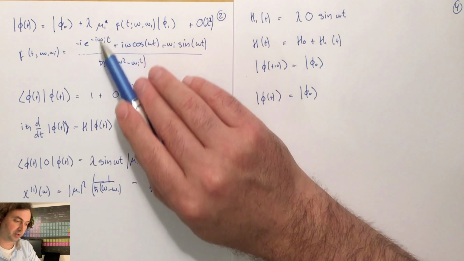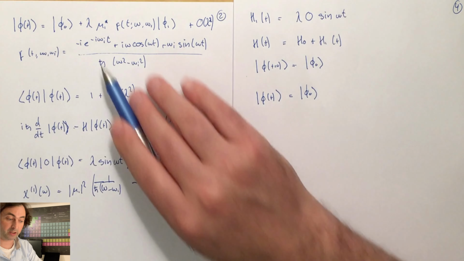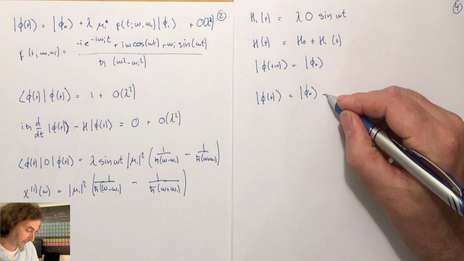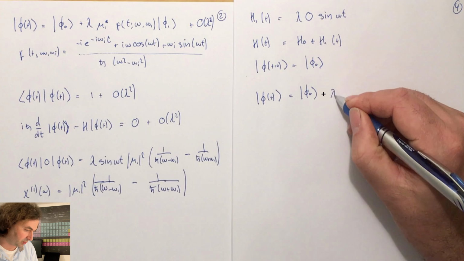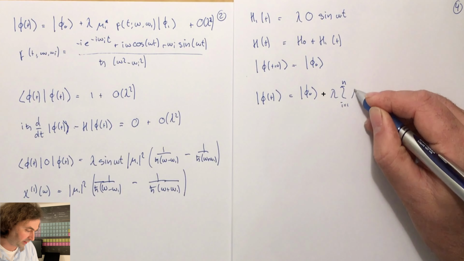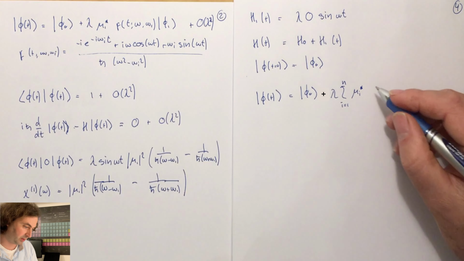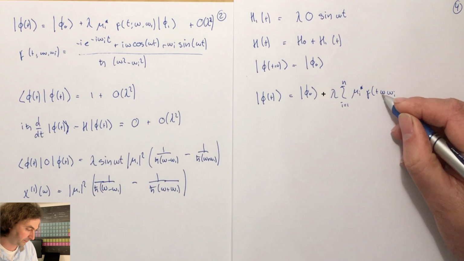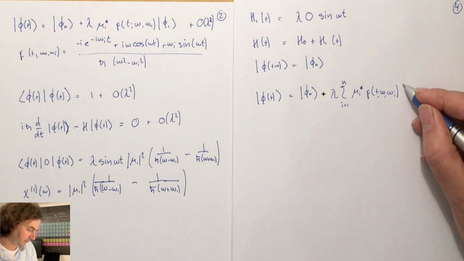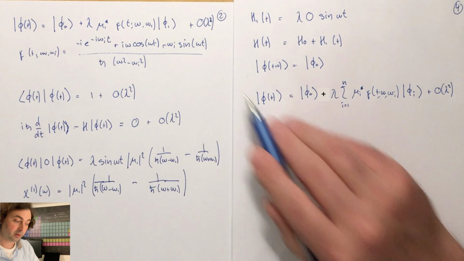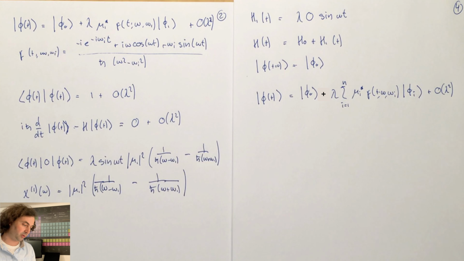Now the coupling to state 1 and to state 2 is independent of each other because you do not change the overlap with state 0. So for n states this is just lambda, and then the sum I is 1 to n mu I complex conjugated f of t, omega, omega I, phi I plus O of lambda squared, similar to the solution that we have for a two-level system.